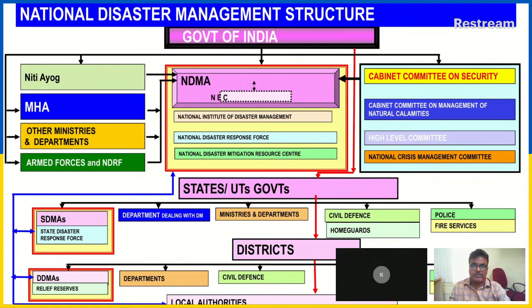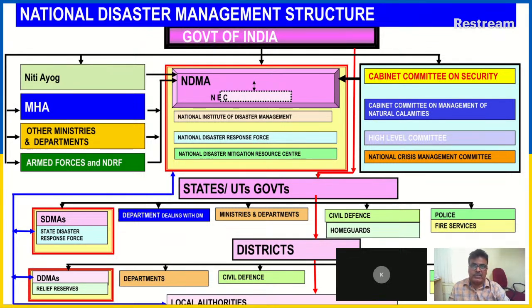NEC is headed by the Home Secretary, whereas the State Executive Committee is headed by the Chief Secretary, and other secretaries are also there. NDMA has not more than 9 members, and one vice chairman. SDMA also has about 9 members, a vice chairman, and a revenue minister and other ministers as members in the state.